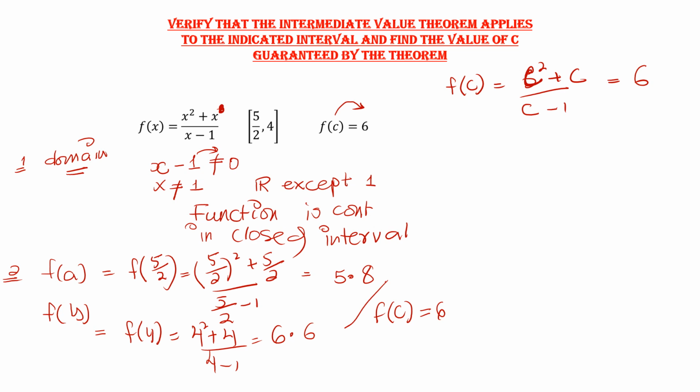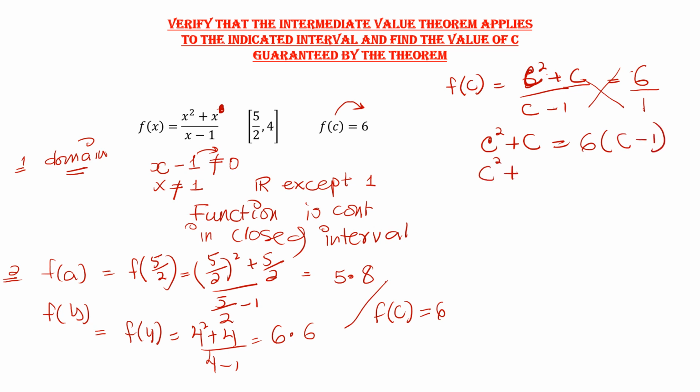Since it is a rational function equal to 6, in order to solve it, use the method of cross multiplication. Anything multiplied by 1 gives the same, so c squared plus c equals 6 multiplied by the denominator, c minus 1.